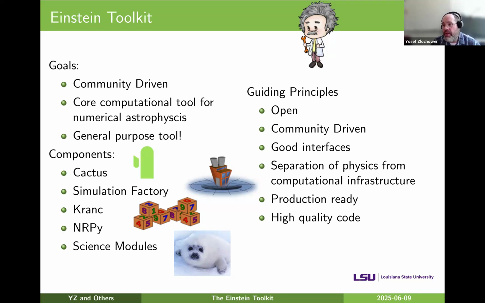So for example, if you want to solve a merging binary neutron star, you would need to have a code which can solve the magnetohydrodynamics associated with the matter. You would need a code that can solve for the spacetime, and they have to work together. So there would be core science modules that you'd have to activate.